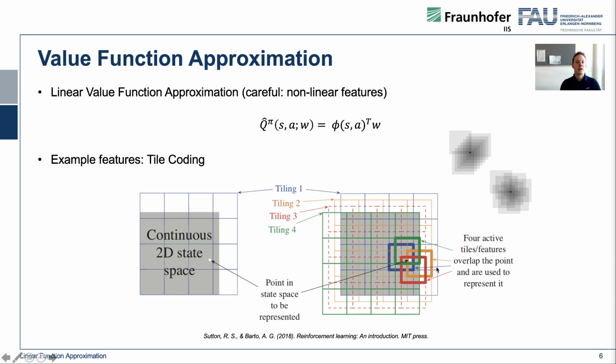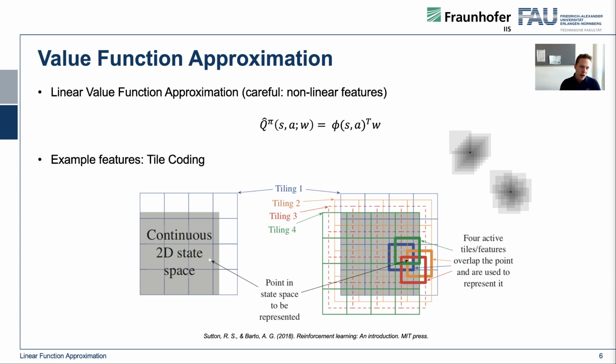This then defines our two-dimensional continuous state point somewhere within the overlap region of these tiles, making it essentially a discretization of the continuous point.